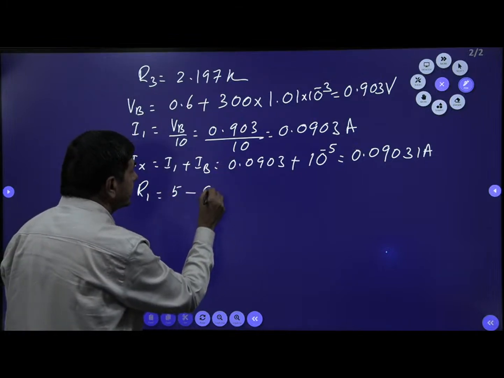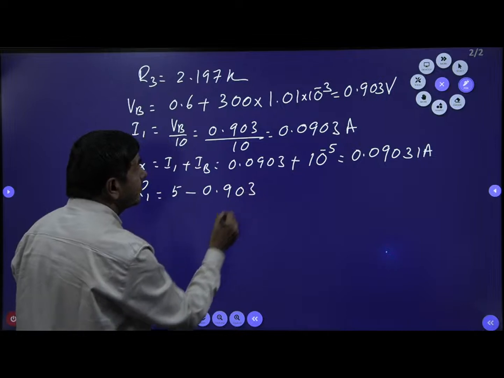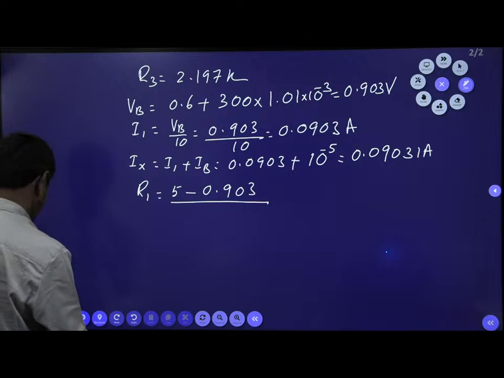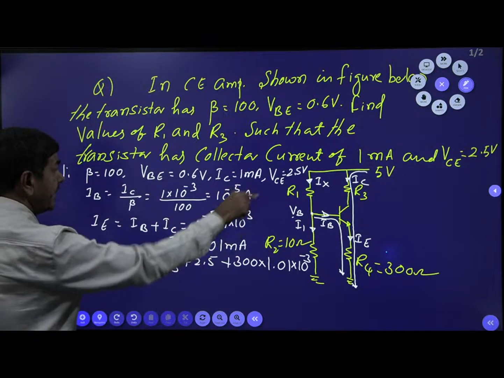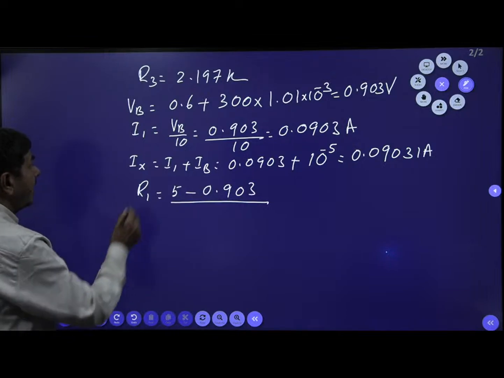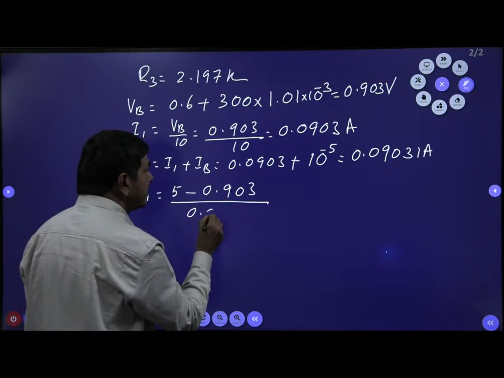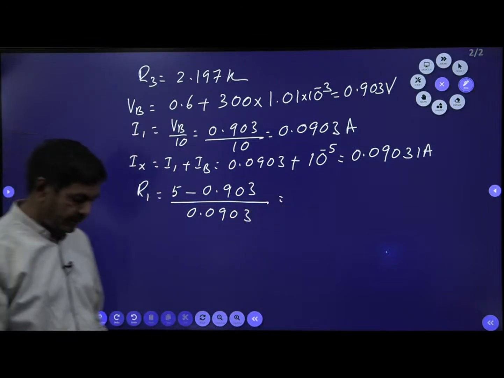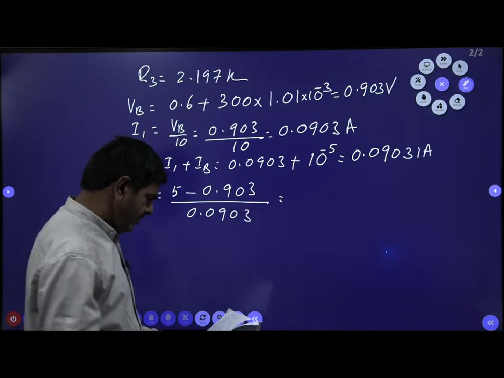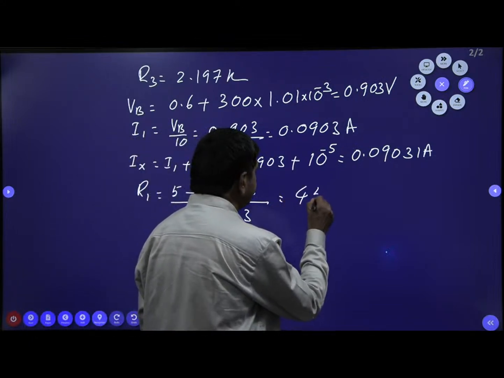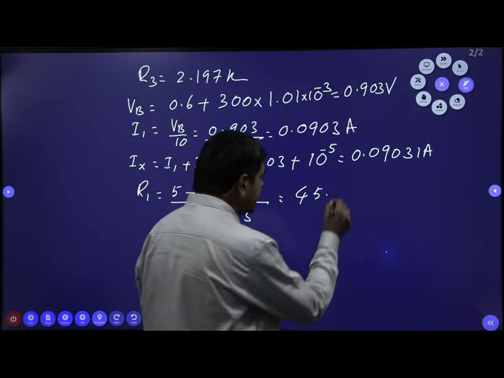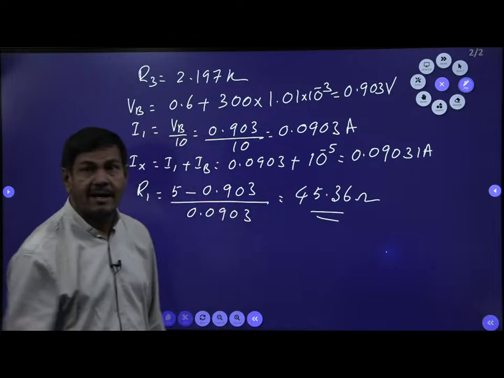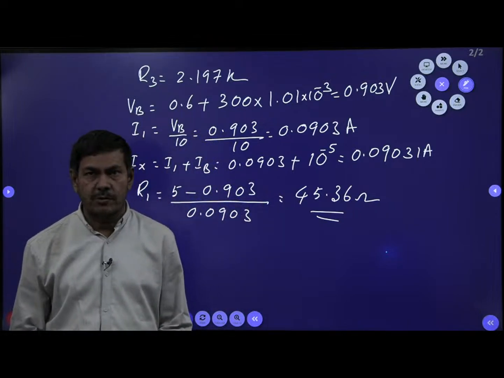VB is 0.903, and Ix is 0.0903. Then you can determine the resistance of R1. R1 comes as 45.36 ohms. These are the values of R1 and R3. Yes, now we can go to the next question.